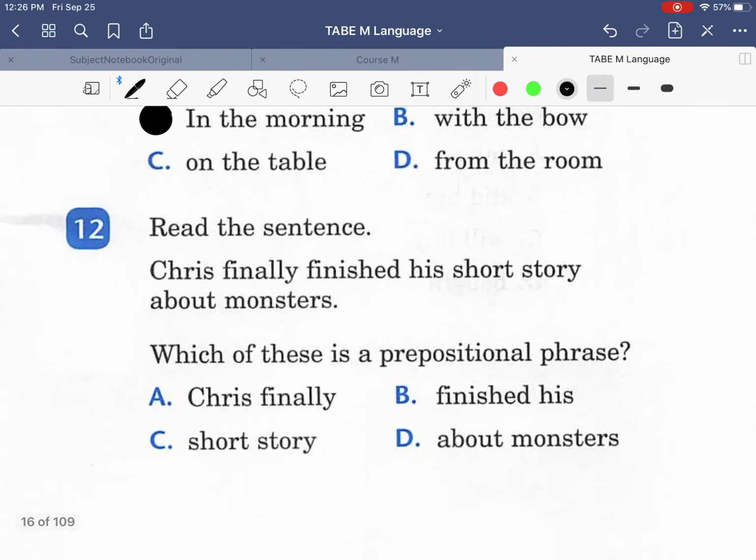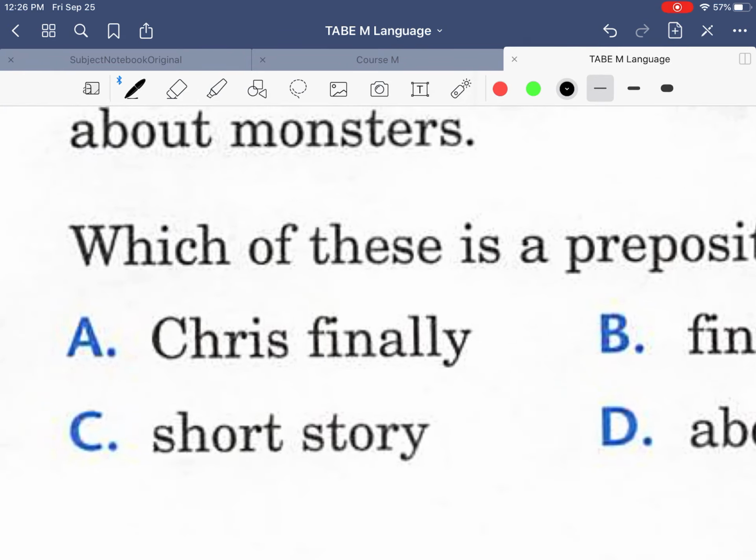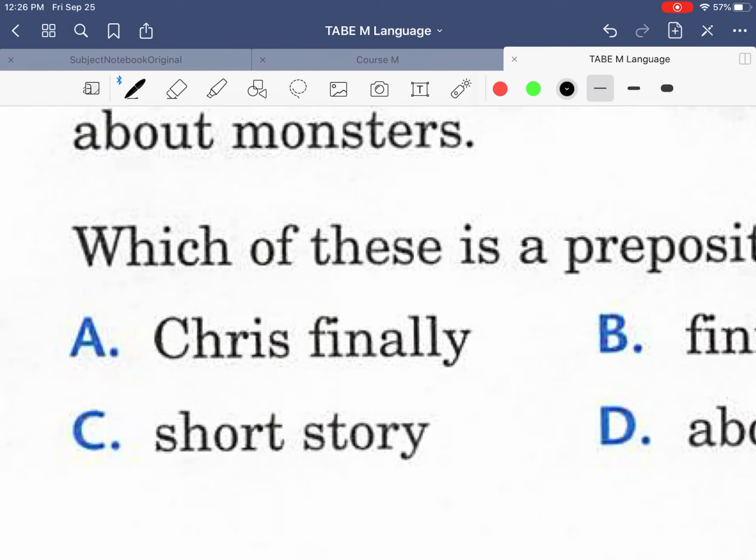Number 12. Read the sentence. Chris finally finished his short story about monsters. Which of these is a prepositional phrase? Now this is one of those that the mouse trick won't really work on. We have to break this down. Chris is a noun, and finally is an adverb.